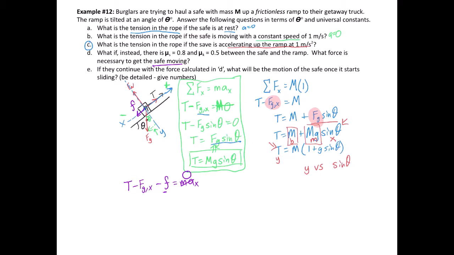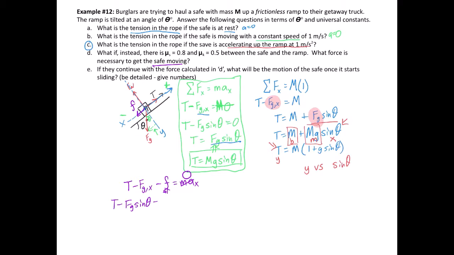Okay, now in order to do this, we're going to have to fill in some numbers, right? We've got the tension. We know that Fgx is Fg sine of theta because we've been doing that. But this F is not allowed. That is not a universal constant. It's not given in the variables that I started with.